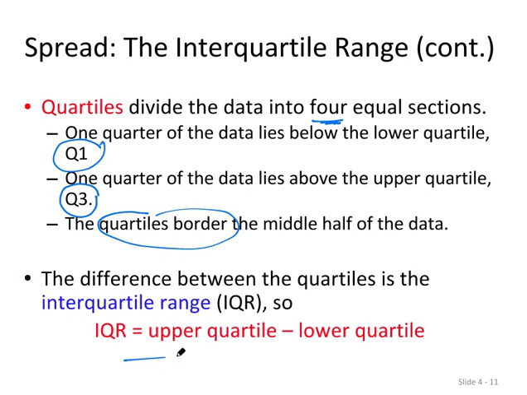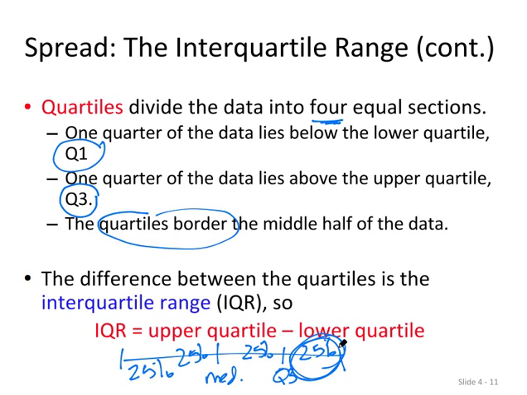Given a set of data, from here to here we have 25% of the data. We have the median, which is 50% of the data, because this is 25%. We have the third quartile, and there's 25% here and 25% here. The top quartile, number 3, is the top 25%, or you could say it's 75%, but usually they say it's the top 25%.